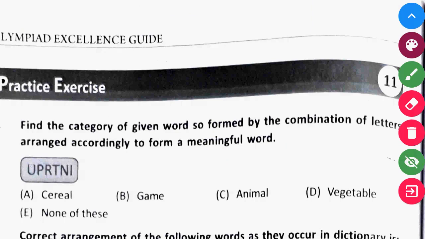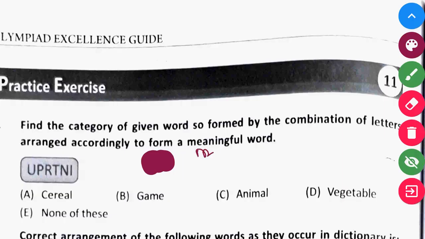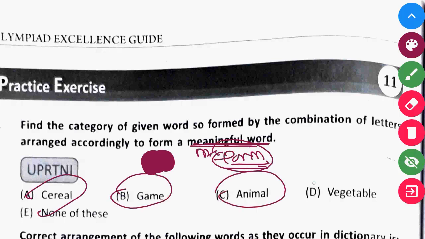The letters are given here: U, P, R, T, N, I. We have to make a meaningful word out of it, so that it may be the name of a cereal or a game or an animal or a vegetable.